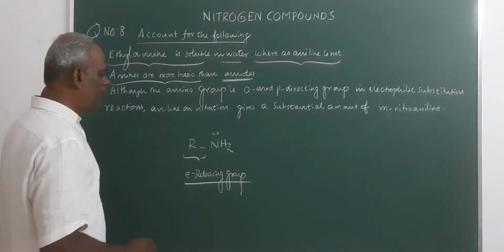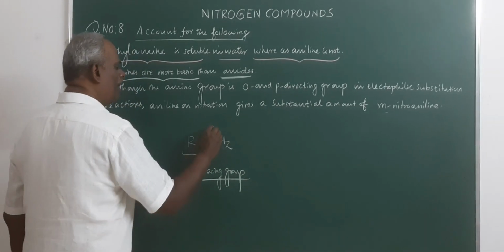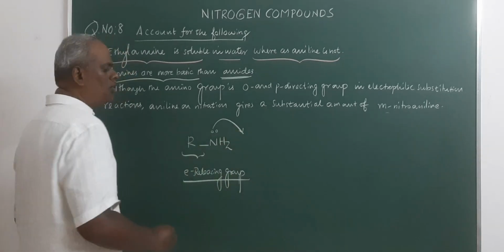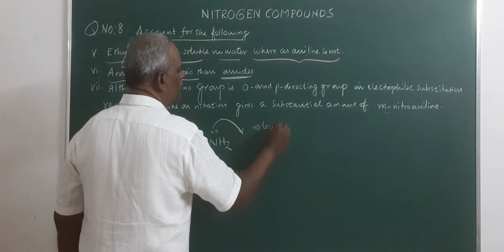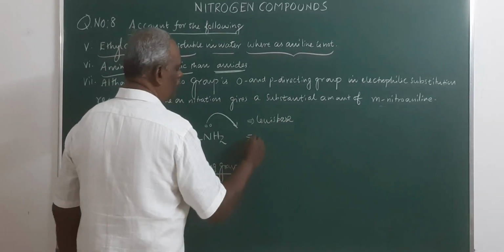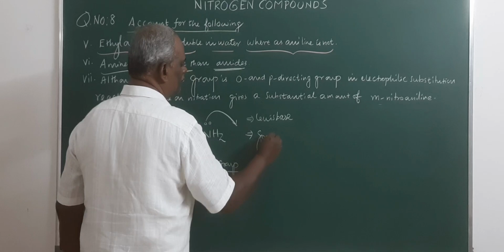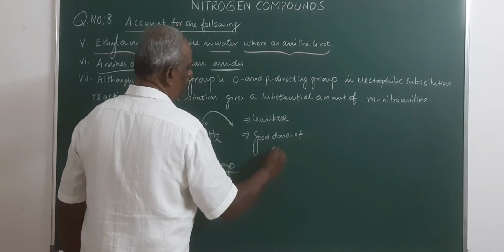So the electron density on the nitrogen atom tends to increase. So it might be a better donor, behaving like a Lewis base, ready to donate the electron pair. It will be a good donor of electron pair.